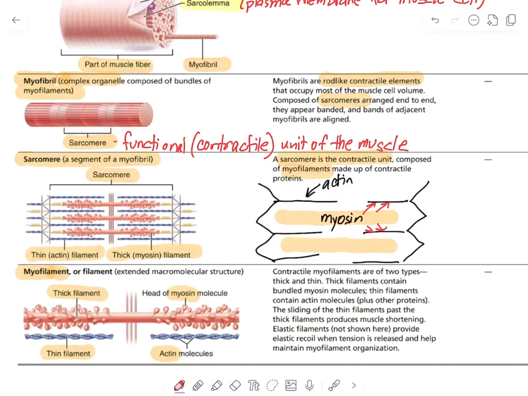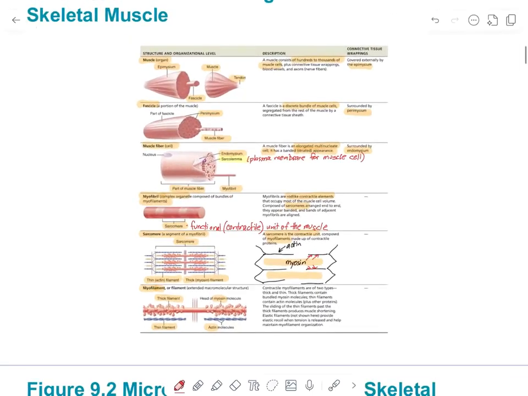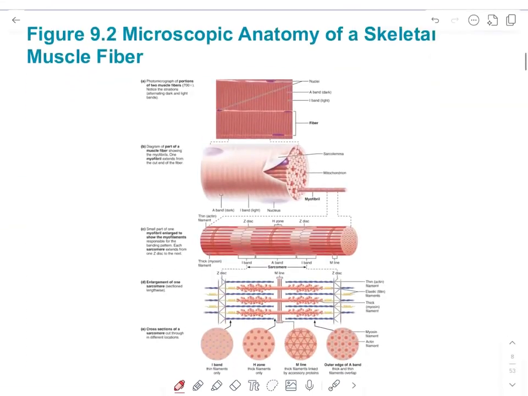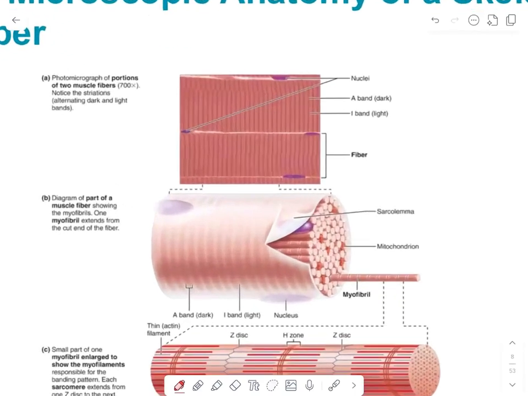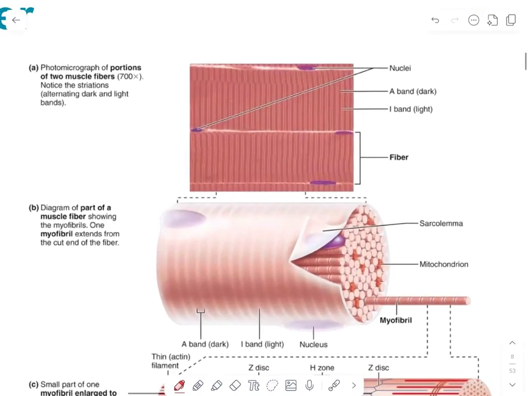So on our next slide, we see a little more detail here shown with a micrograph first here. So this is a portion of two muscle fibers. This is our muscle fiber, which is also, remember, the muscle cell. Within that, there are many, many different nuclei, as you can see.